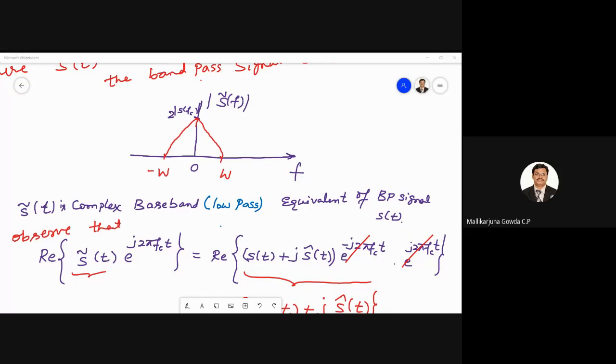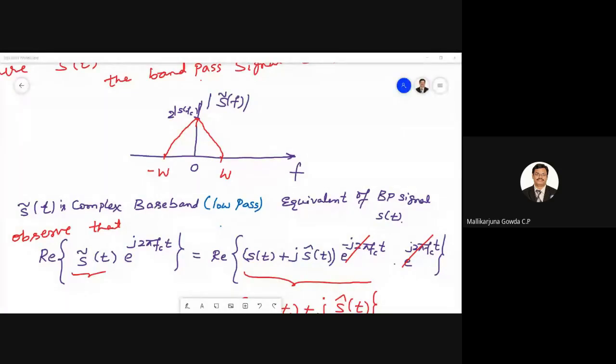So making the analysis of this complex envelope is easier compared to the high frequency signal. So that is another reason. So you will appreciate the importance of this complex envelope. I will tell you further maybe in the succeeding class.